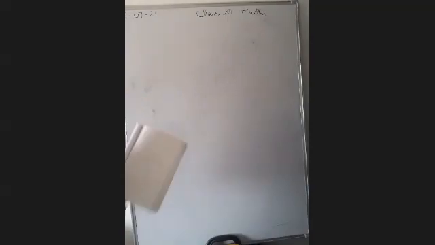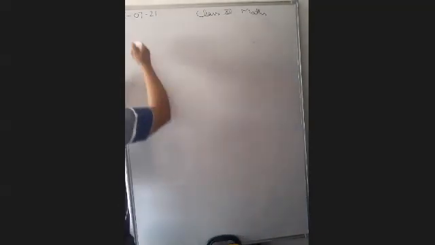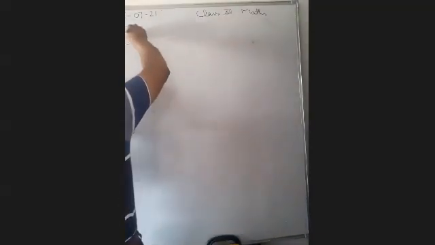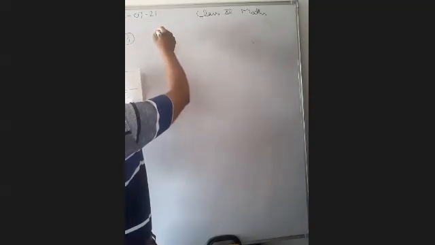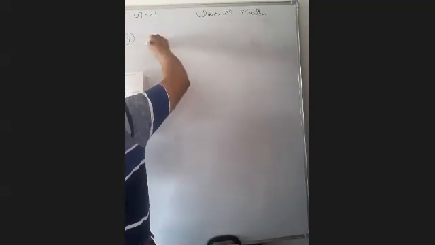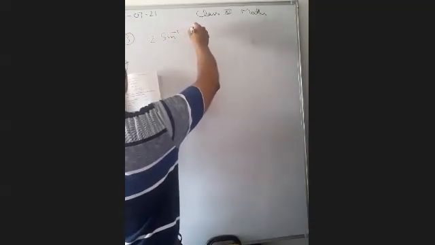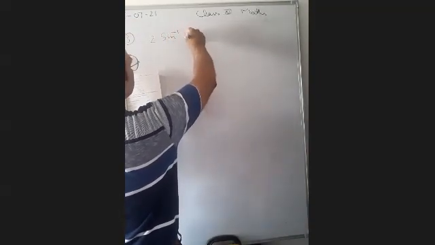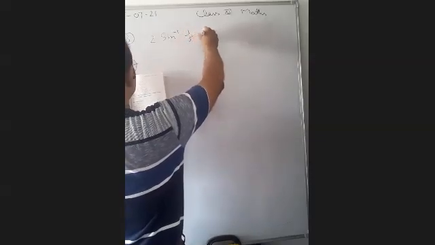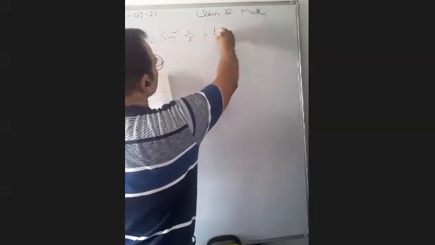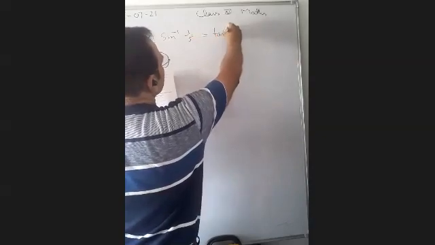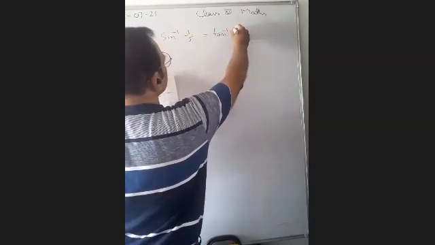Question number 3, look, what is in the third? Question number 3 is 2 sin inverse 3/5 equal to tan inverse 24/7.